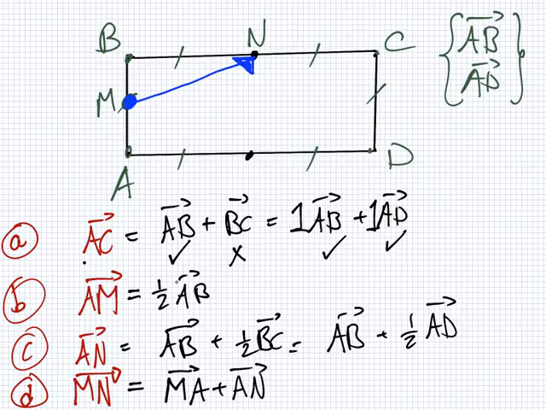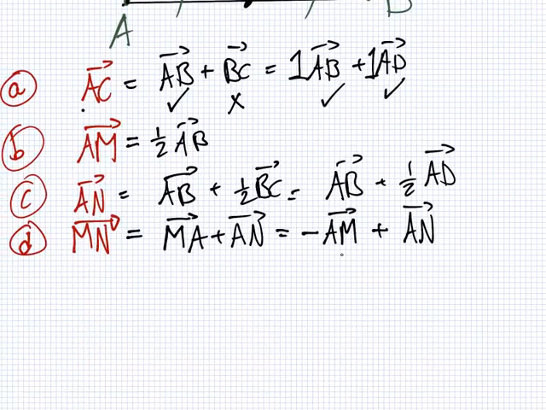Can you see that? MN is MA plus AN. Is that part okay? Now, MA is the same as minus AM, plus AN. The reason I did that is because we already have an answer for AM. It's the answer to part B. And we already have an answer for AN. It's the answer for part C.